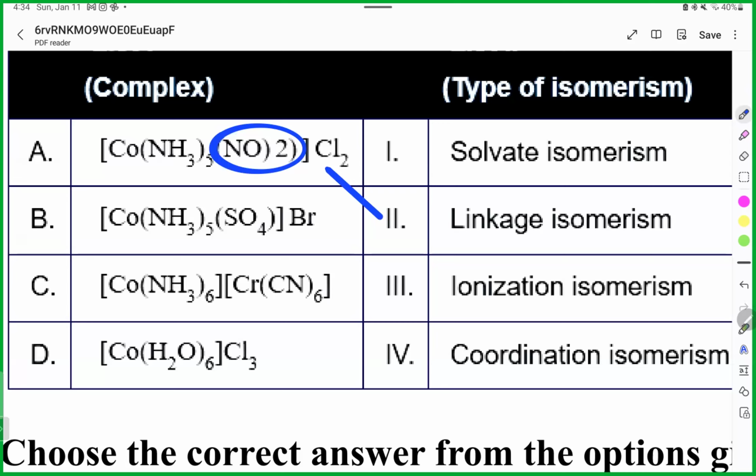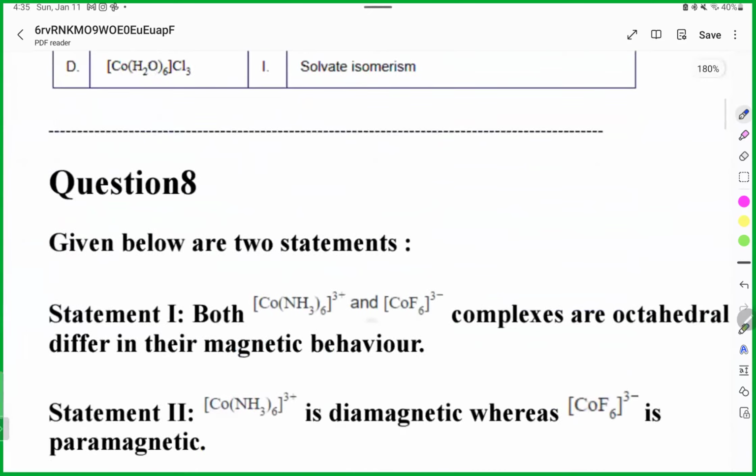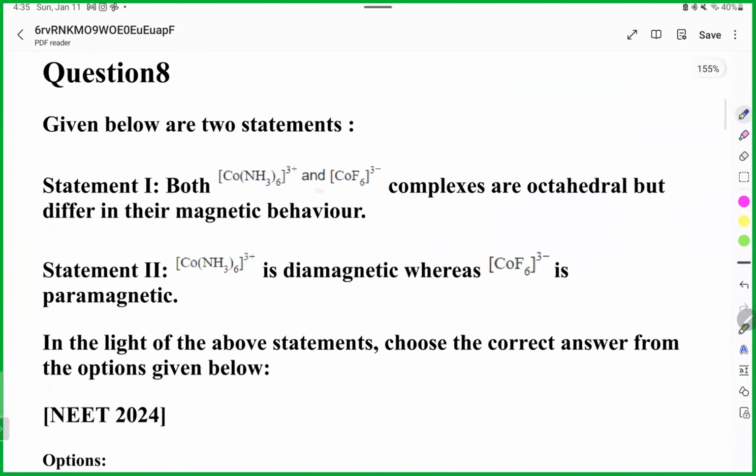Anvita, B. Ionization isomerism. Bromine can be exchanged with sulfate. Sarah, C. Coordination. Coordination. Varinder, D. Because of water, it will change the water.